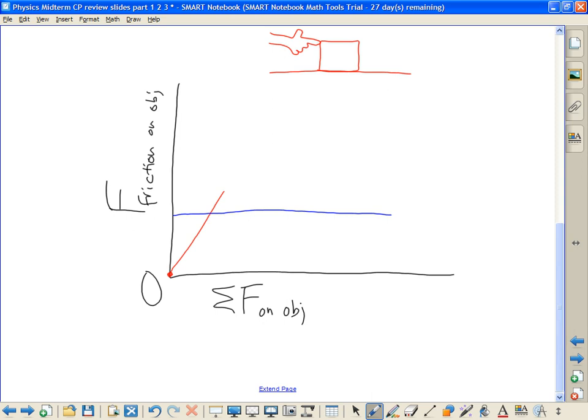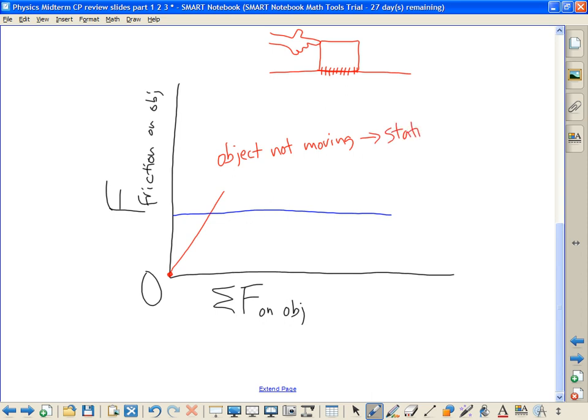So when the object is not moving, or to be specific, the two surfaces are not moving past each other, the atoms and molecules have had time to make friends with the atoms and molecules in the other surface. We call that static friction.